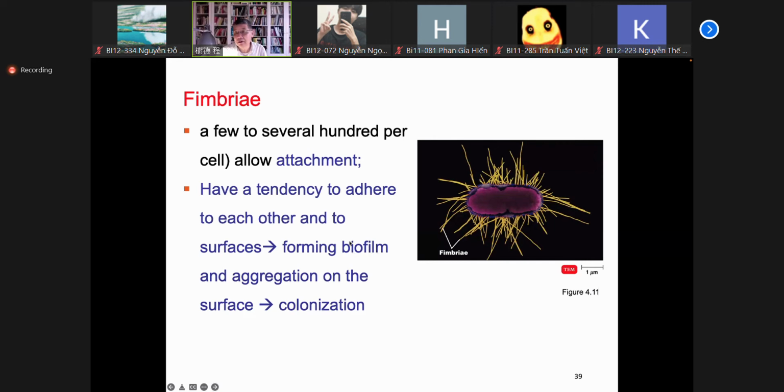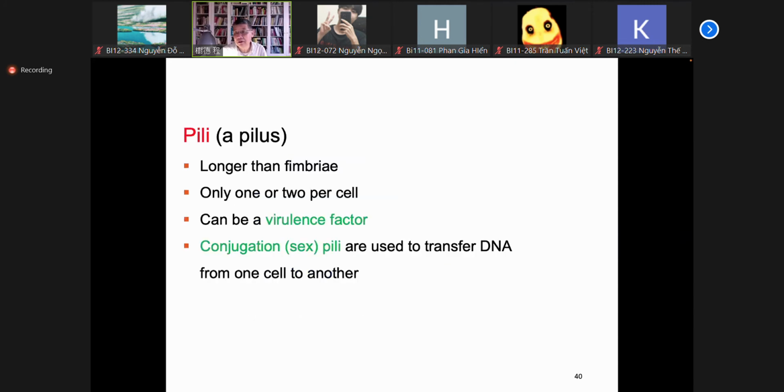Biofilm is, and there's a structure. Its size is between fibrillary and smaller than the flagella. It's called pili. Singular is called pilus, pili. And sometimes it's for conjugation. Sometimes it's a virulence factor.